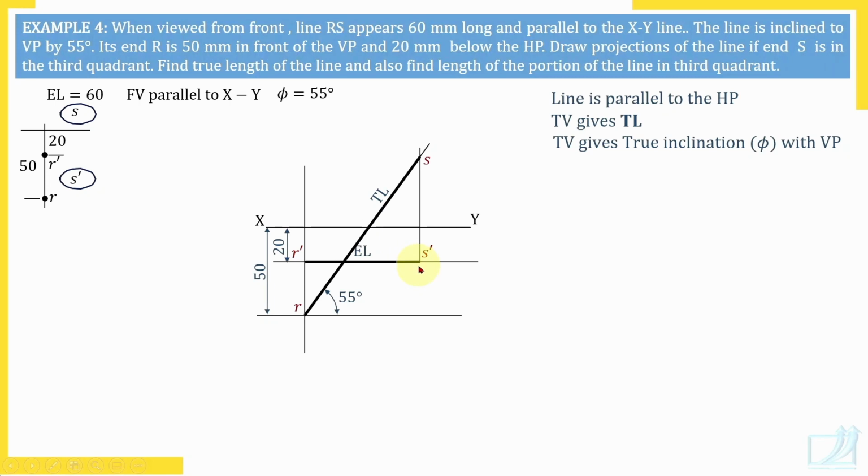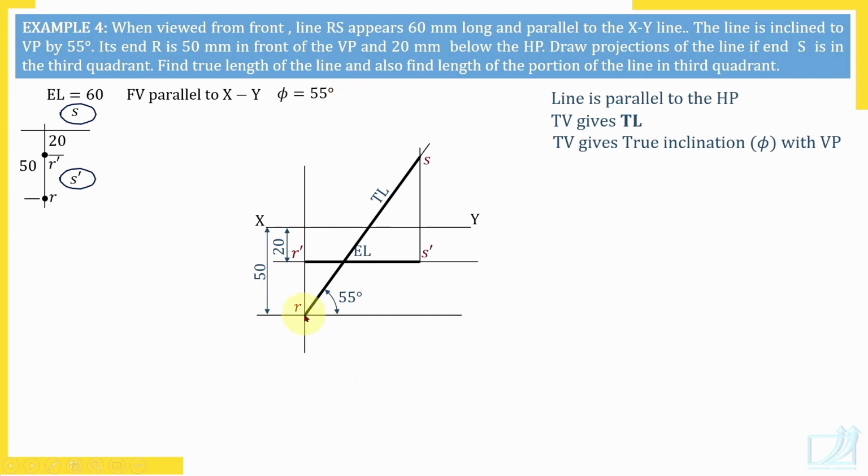And once you look at the correct position of that point on the line, you can remove that rough labeling. R dash S dash is front view and RS is top view. Now check here, find the true length of the line. You are asked to find the true length of the line.